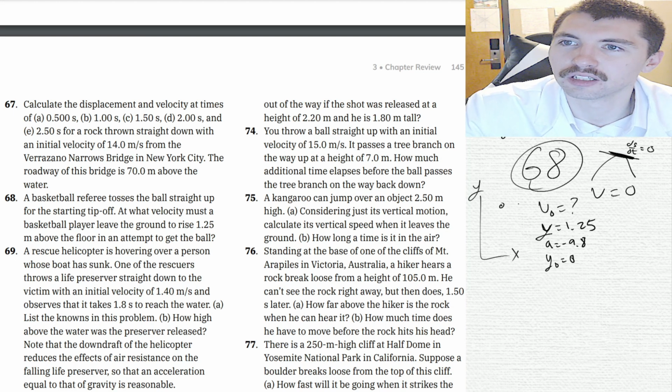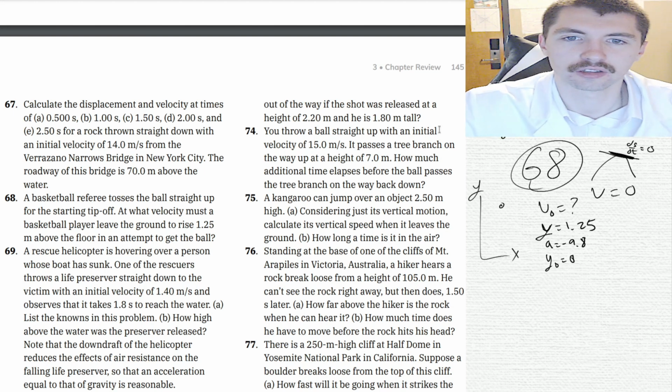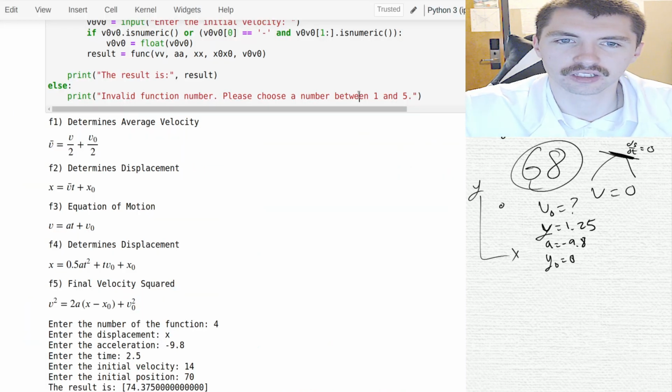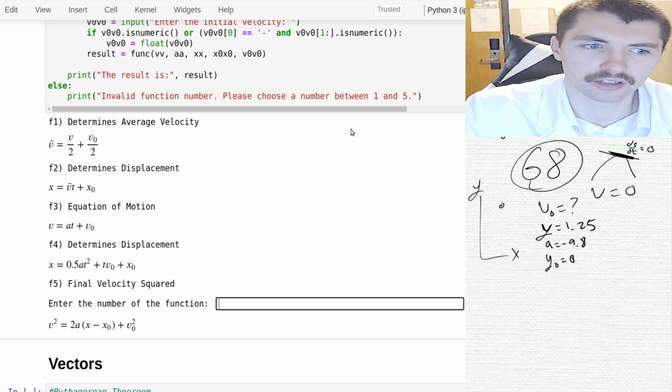So when he attempts to get the ball, he's floating in air. So I think his final velocity is 0.